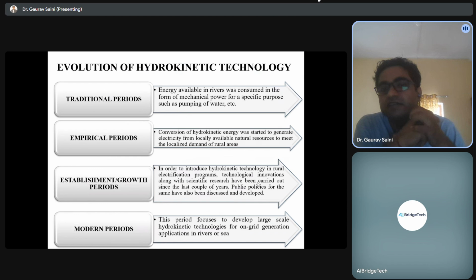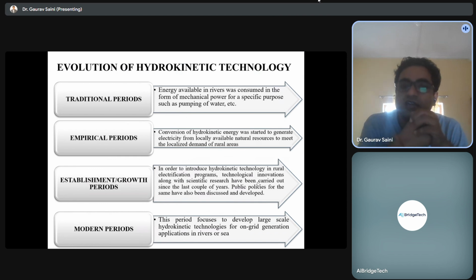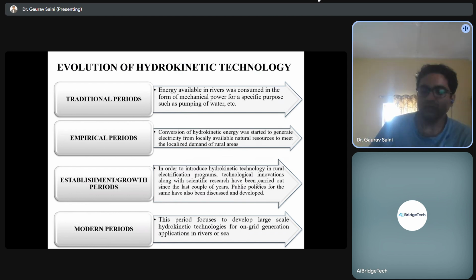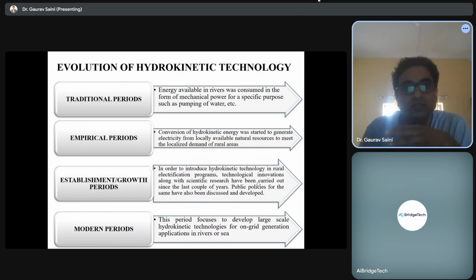In the modern period, the focus will be on large-scale hydrokinetic technologies for on-grid generation applications in the rivers and the seas. This is the evolution of hydrokinetic energy. We have not reached the modern period yet, but we are in the transition between the empirical and the growth period.